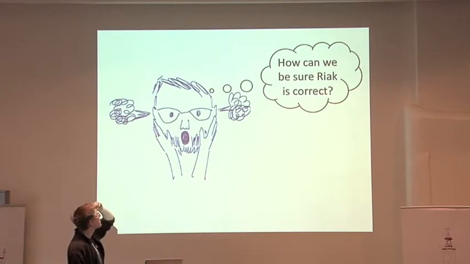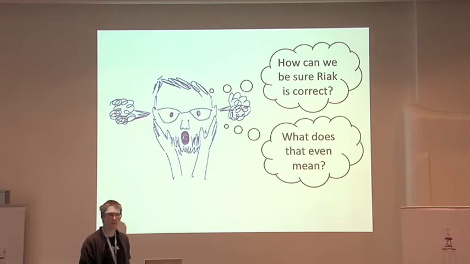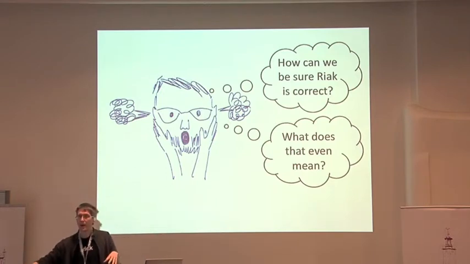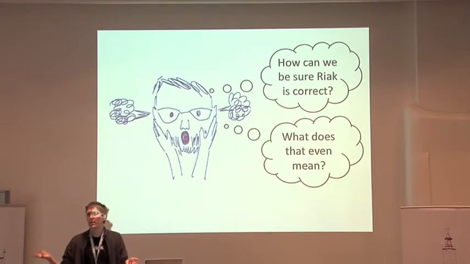So we have to somehow test the Riak implementation to make sure it's correct. Well, the first question is, what does that even mean? What does it mean for a distributed database to be correct, where you can have nodes going up and down at any time? It's not even clear what correctness means in this case.